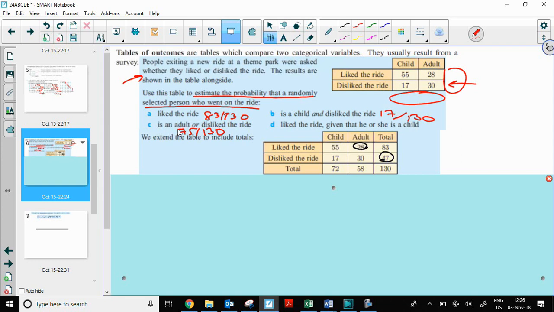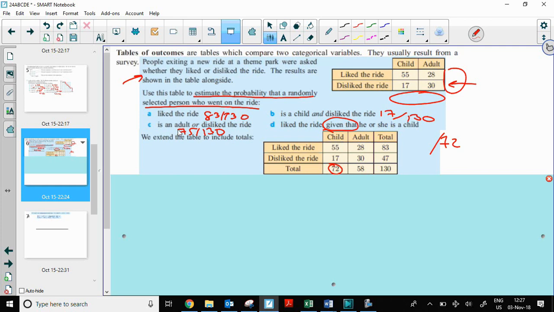And this last one, very important word here. They liked the ride given that, so two very important words, given that he or she is a child. What we're going to do there is only look at children. So we're going to no longer look at the total as being 130, but we're going to consider the total to be only 72. And we're going to ask how many of them liked the ride.